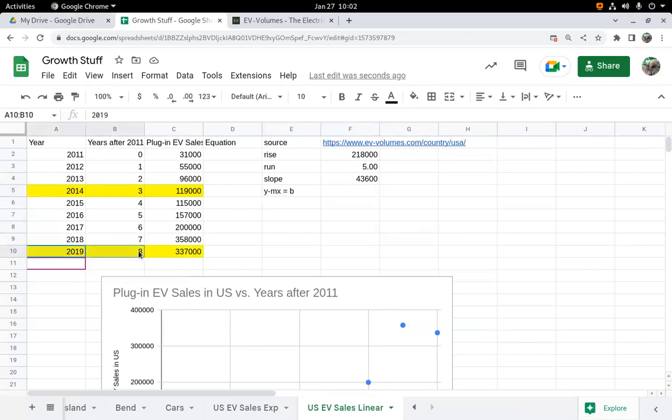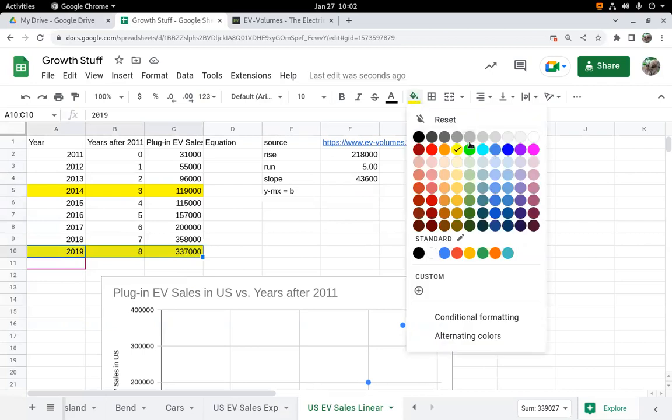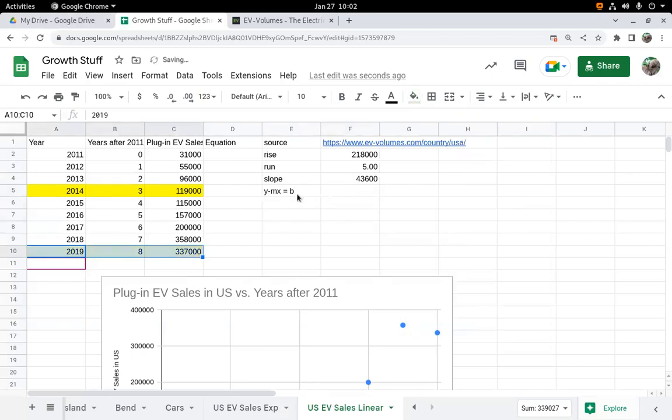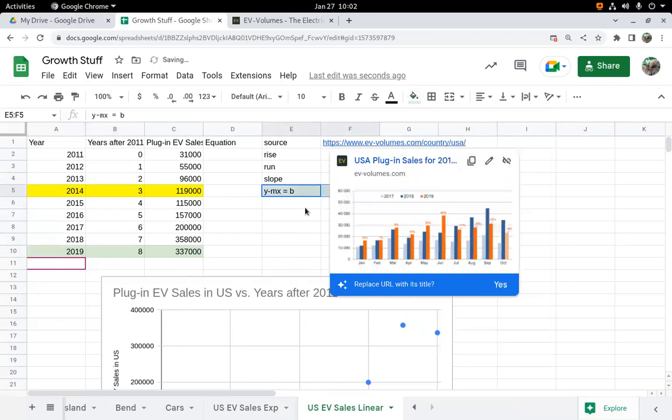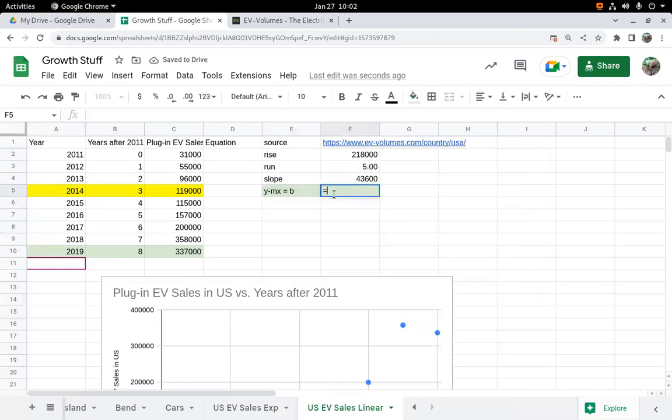So let's say I'm going to pick that one right there. Let's make that a green color. The calculation would be equals the y value minus the slope m times the corresponding x value. And so I get negative 11,000 for that one.